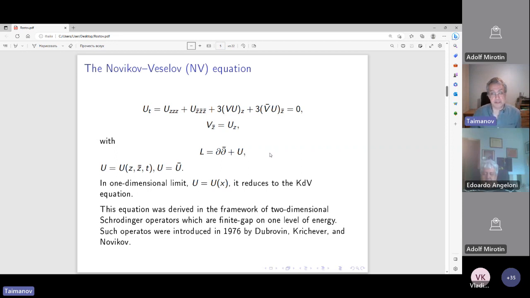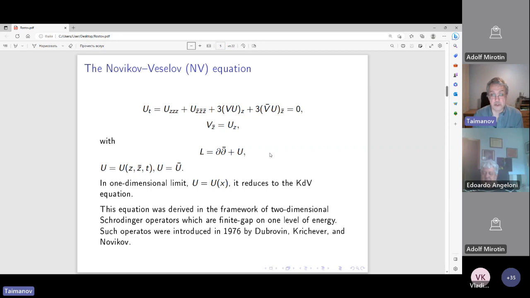That's why it's called Novikov-Veselov: in the article in 76, Dubrovin, Krichever, and Novikov introduced these two-dimensional Schrödinger operators, finite gap on one level of energy, but with additional magnetic terms.